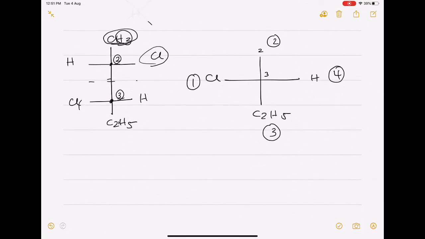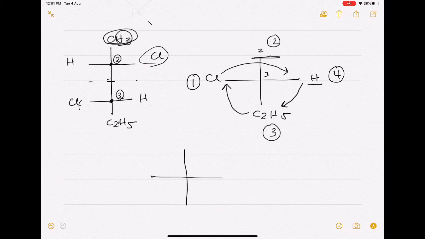Now we again rearrange in a way. This time we keep 2 constant, we cannot move 2, because that's the topmost position. In what way can we rearrange this so that H comes down? We move H here, so we move 3 here, and then we move 1 here.